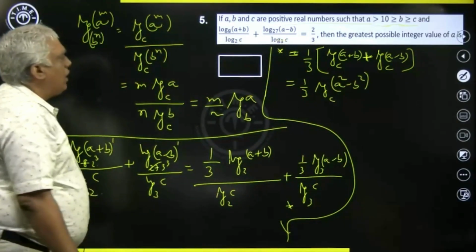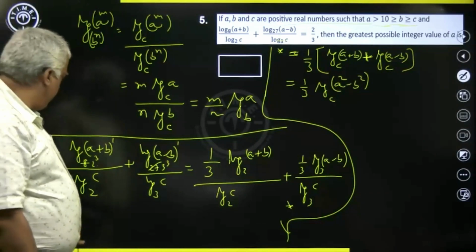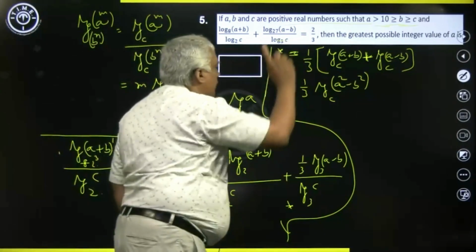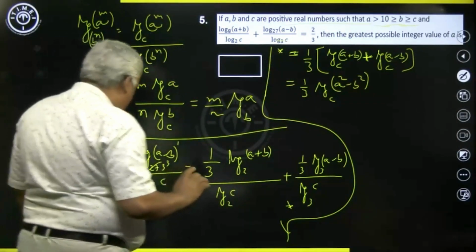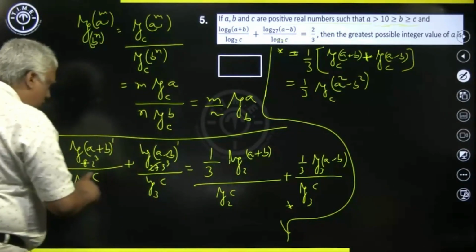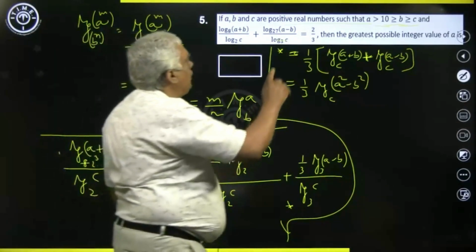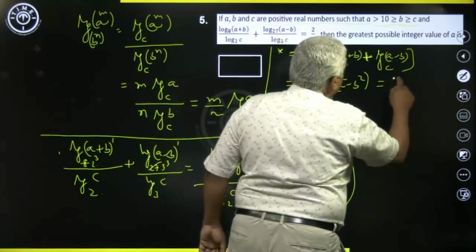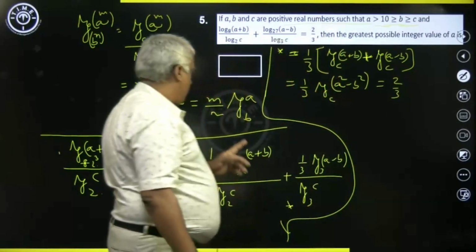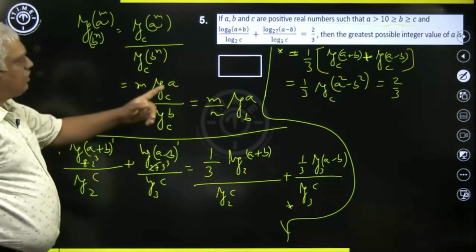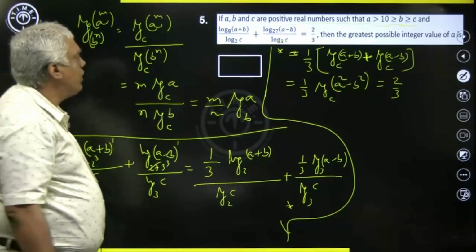And I forgot to write the right-hand side. It was 2 by 3. So basically I was writing the LHS, I forgot to write the RHS, which is 2 by 3.